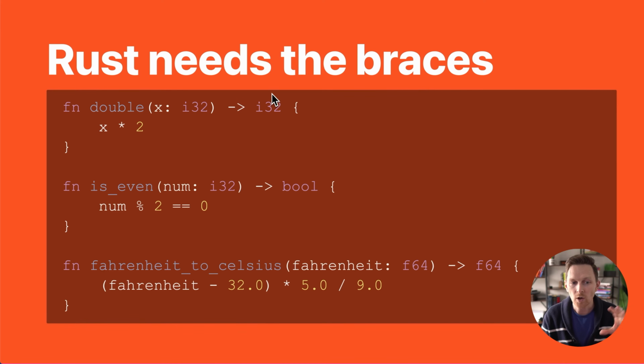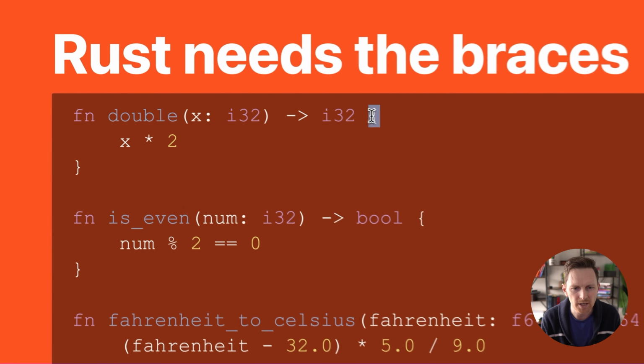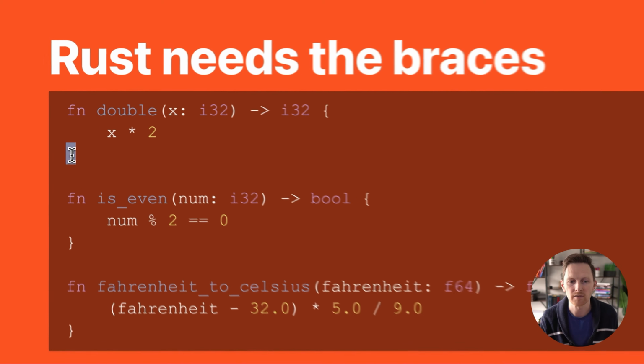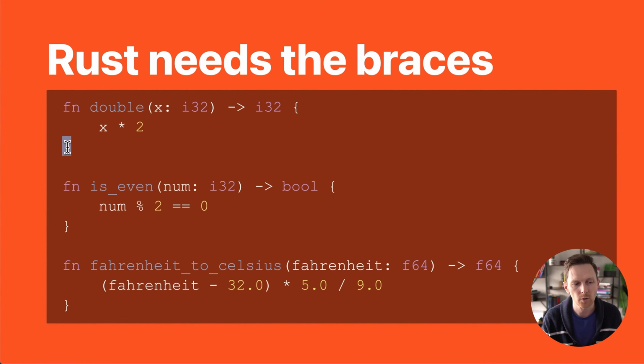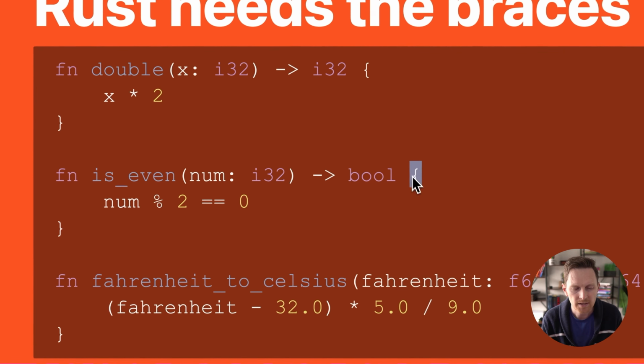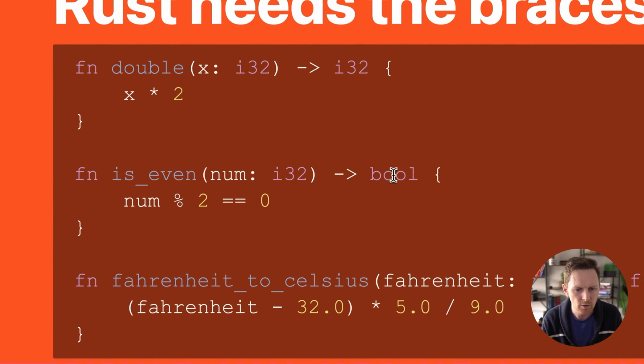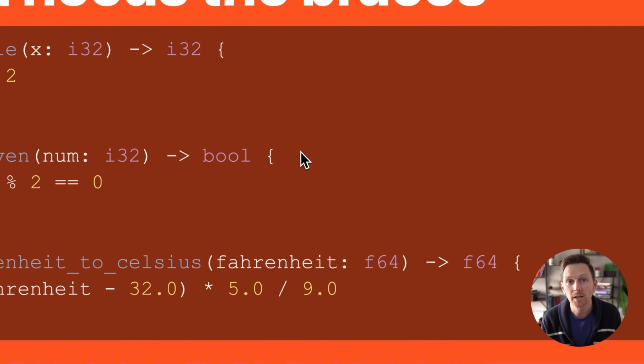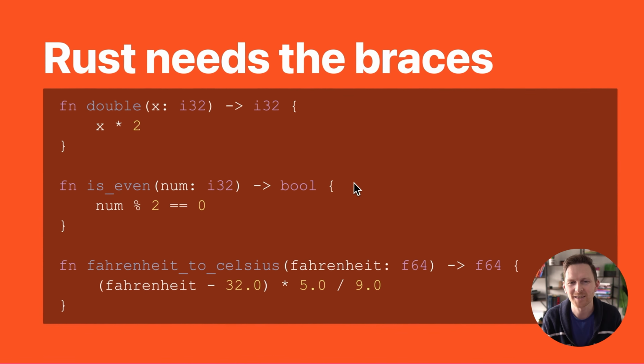So then in Rust, to do these single expression functions, well, you can't exactly do them on a single line. You need to put in the braces. They're mirroring that same structure that they have in the ifs, where they're saying the braces are always required, right? So it ends up the same code, except you just format it differently and you need to put in the braces. So it's very similar, but not quite as concise one-liners.